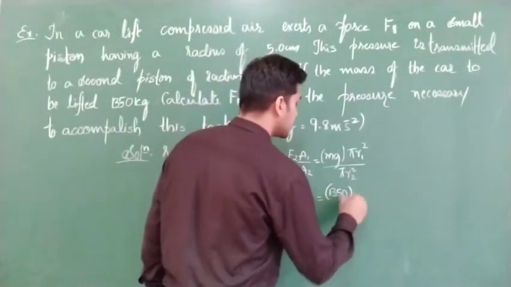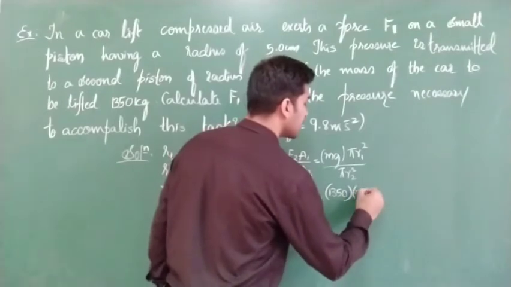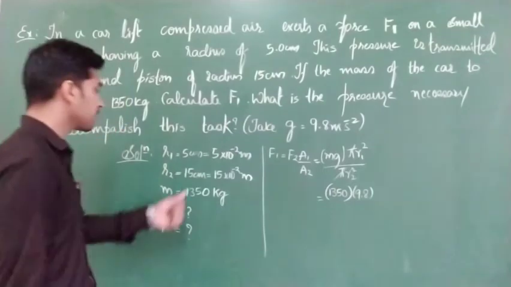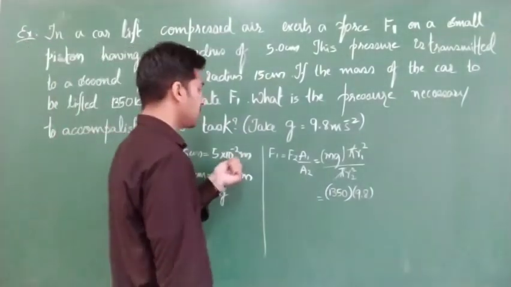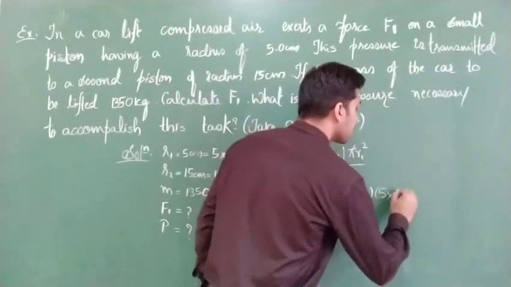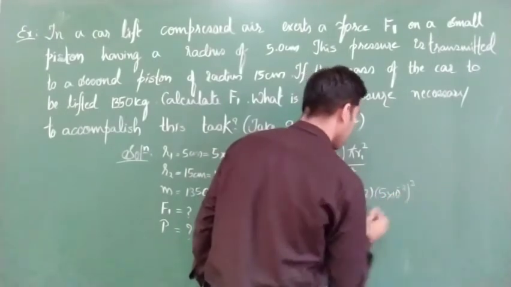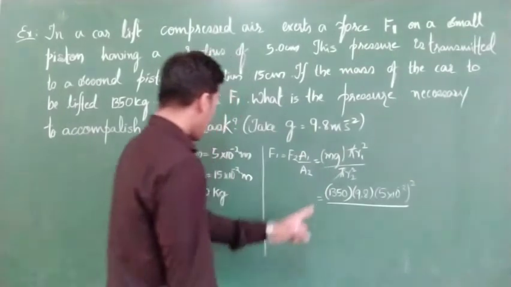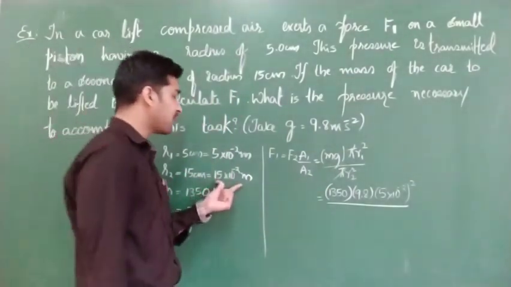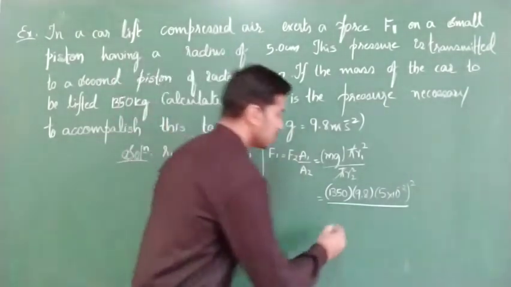Clear? Next g value is 9.8. Pi will get cancelled. R1 value directly given 5 into 10 to the power of minus 2 whole square, divided by R2 square. R2 value how much given? 15 centimeters. Okay? 15 into 10 to the power of minus 2 square.